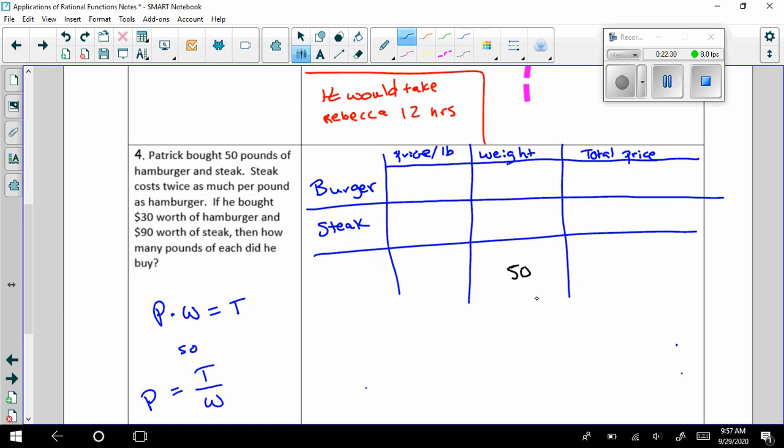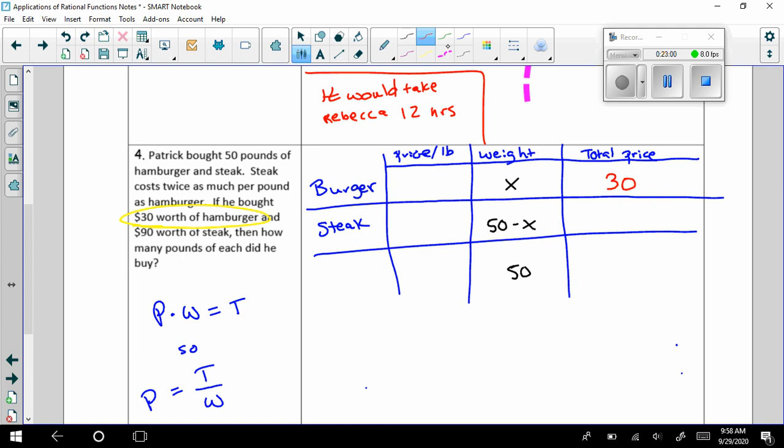All right, one of these needs to be X, doesn't matter which one. The other one would then be 50 minus X. So again, reference your mixture problem. If you have a total, we assign a variable to one of them, and the other part will be your total minus that part. All right. If he bought $30 worth of hamburgers, so the total price for burger is 30.